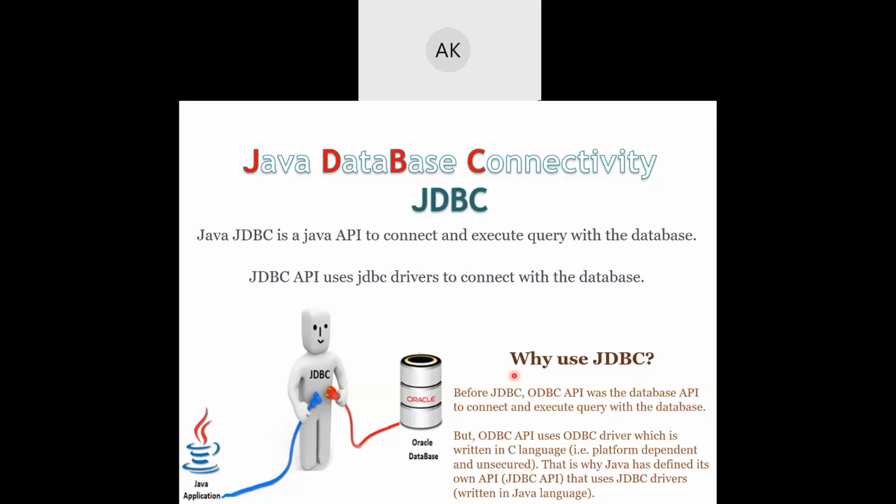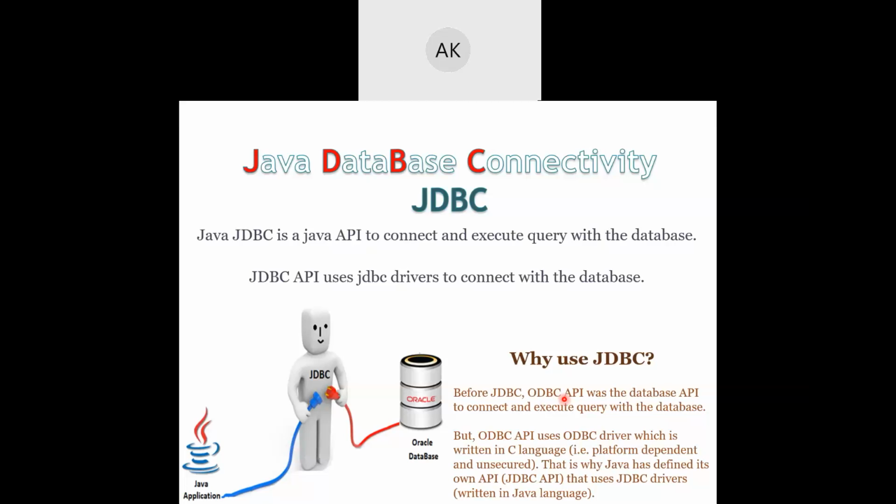Now, why do we use it? Were we not able to interact with the database prior to JDBC? We were able to interact with the database prior to JDBC also, with the help of a specific tool provided by Microsoft called Open Database Connectivity. This Open Database Connectivity was part and parcel of the Microsoft operating system, which helped us to interact with a limited set of company databases, such as MS Access.